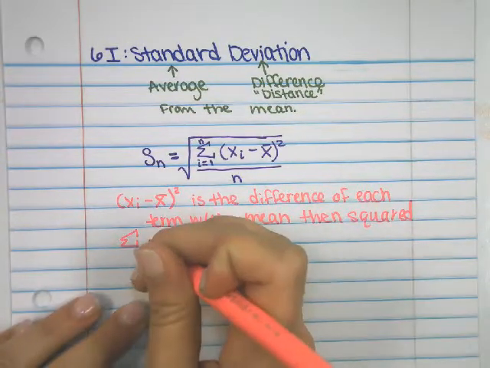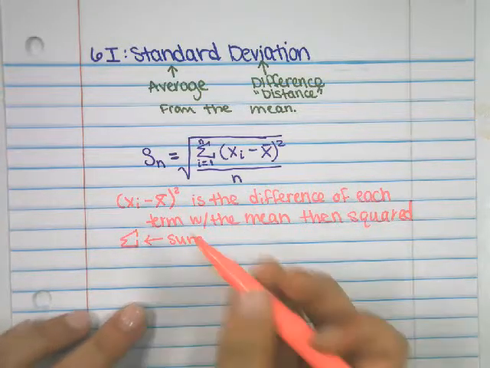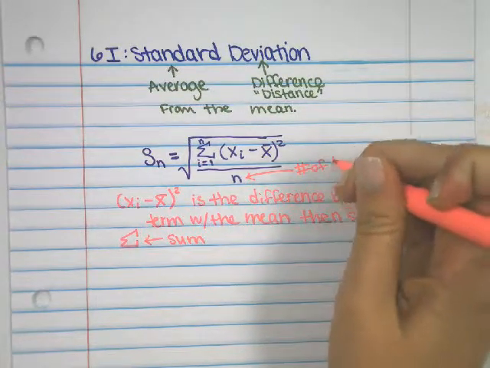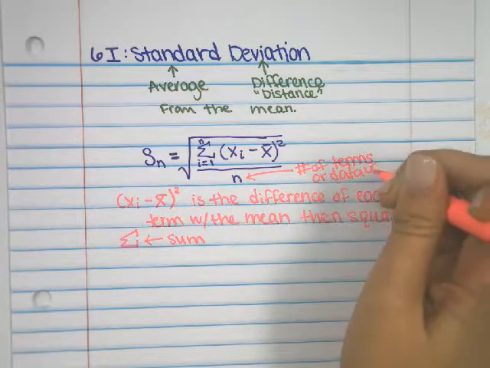This fancy E thing means the sum, and then we divide by n, which is the number of terms or the number of data values.